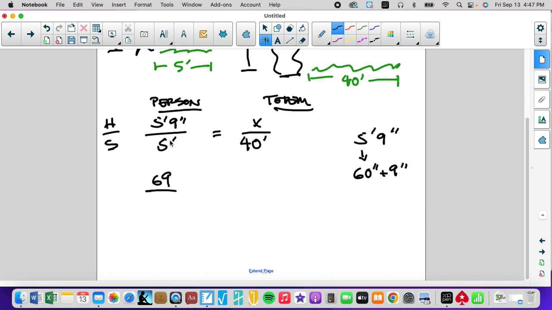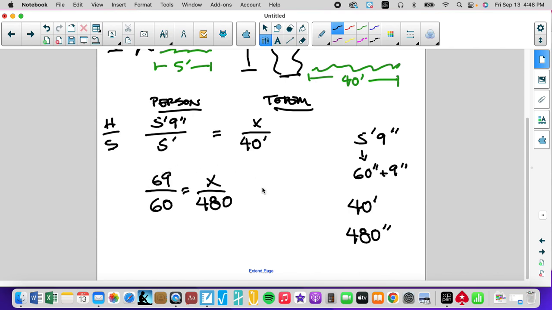And we know that 5 feet is equivalent to 60 inches, and then x and 40 feet is equal to, well, there's 12 inches in each foot, and we have 40 of them, so that's 480 inches. So this is one way that you could have done it.